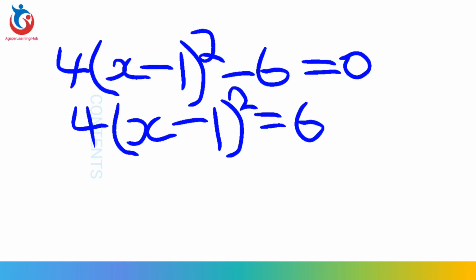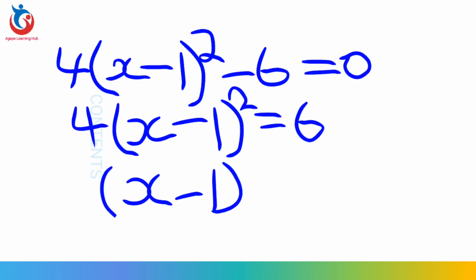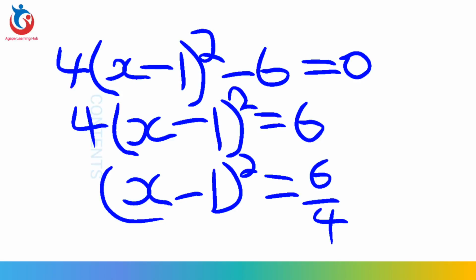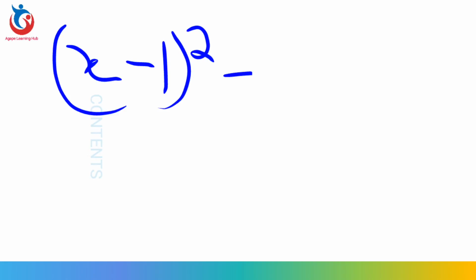Then we carry over the 4, so x minus 1 squared is equal to 6 over 4, and the next thing is that x minus 1 all squared is equal to 1.5. So this is where we were, Nisha.